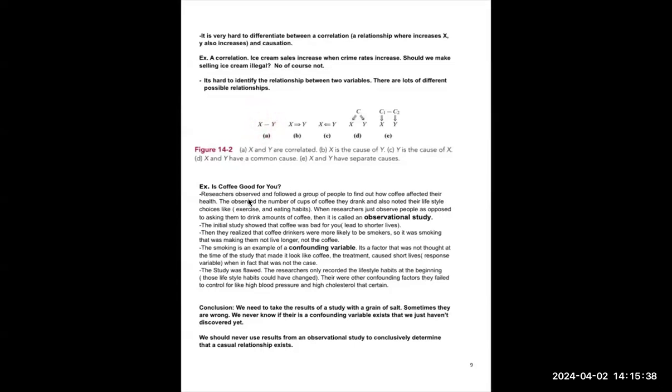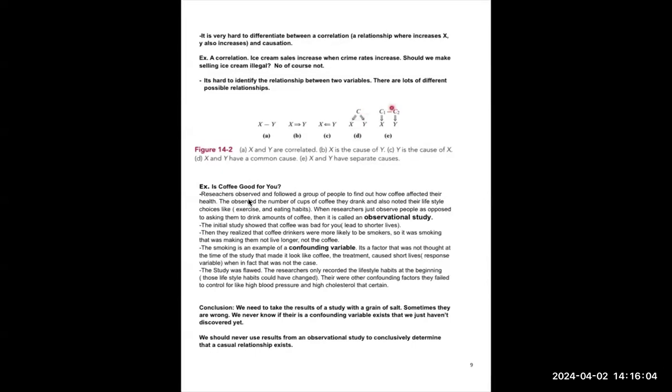But also, B, it could be that X actually does cause Y. Or C, it could be that Y is actually causing X. Or it could be that they have a common thing that's causing both X and Y to happen, and I'll show you an example of that.